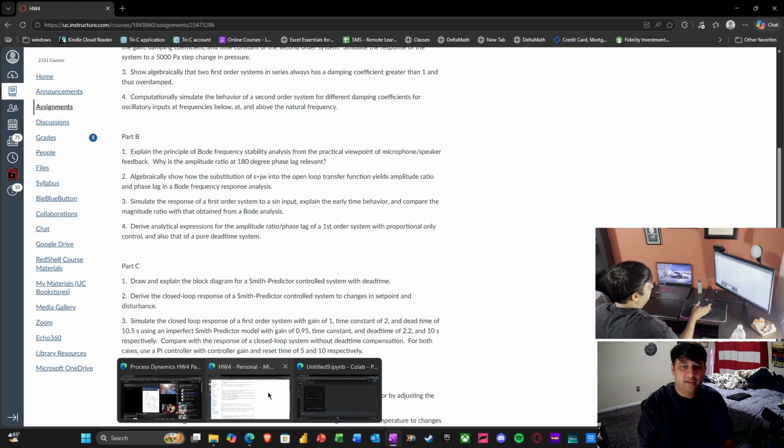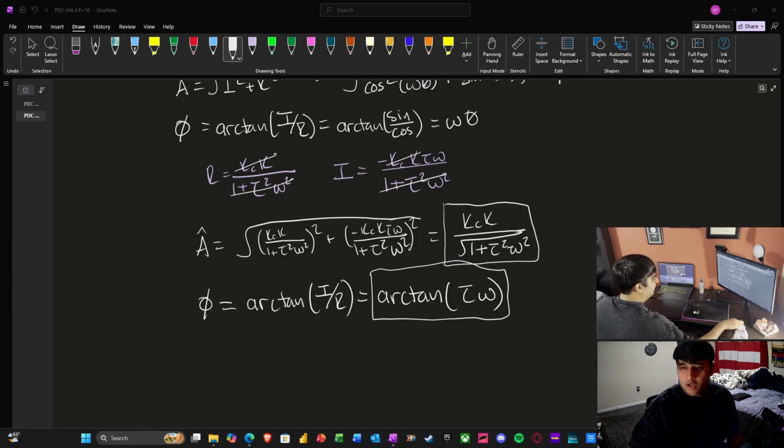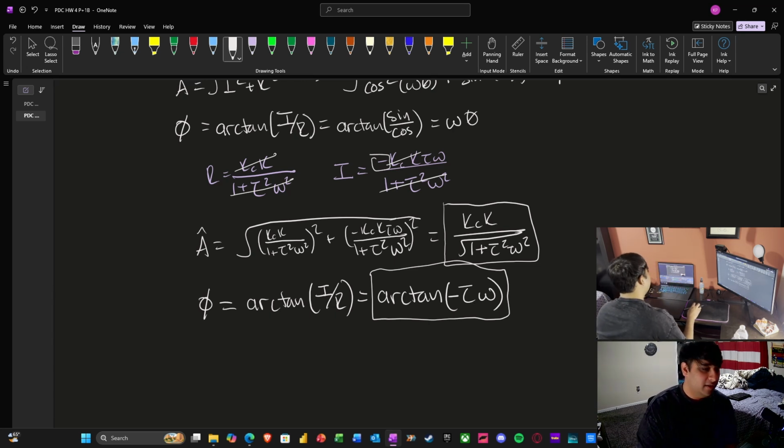So we just successfully derived an analytical expression for the amplitude ratio and phase lag of a first order system with proportional only controller, also that of a pure dead time system. Actually, one more thing, sorry. I forgot to include this negative sign, so it's actually arctan of negative tau omega. So that finally concludes what we need to find.